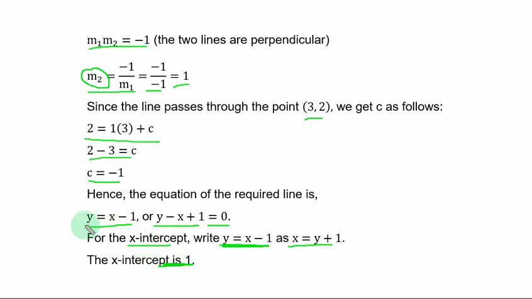Now, if you have the equation in this form, the y-intercept is minus 1. Now that you have it in this form, the x-intercept becomes 1. So to get the x-intercept, x becomes the dependent variable that stands alone. So the other term becomes the x-intercept, that is 1.